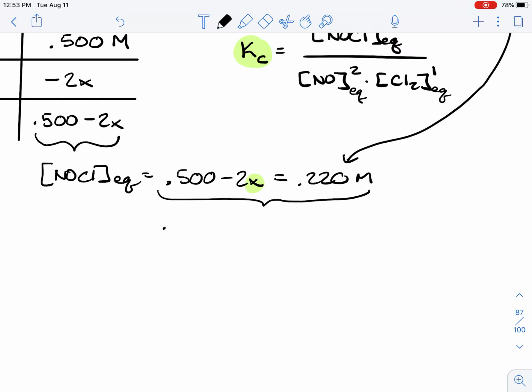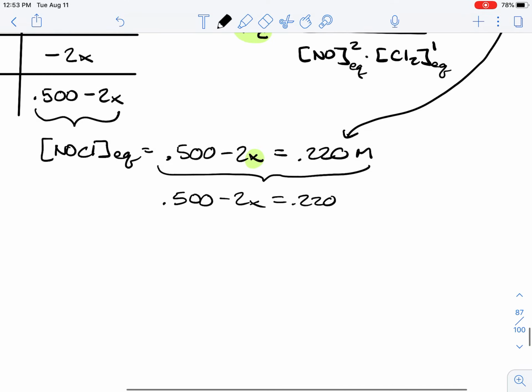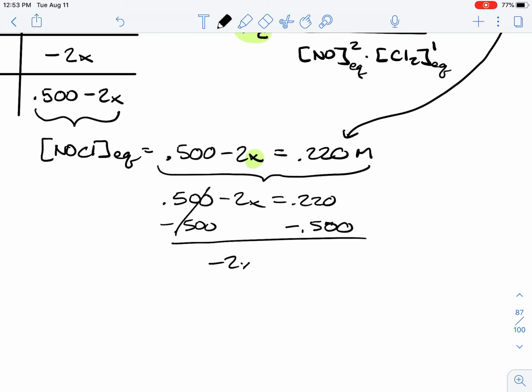And so here I'm going to rewrite this. So 0.500 minus 2x is equal to 0.220. So I'm going to first subtract this out. So this is going to be minus 0.500. Okay. So here I have negative 2x is equal to, so give me a second, let me plug that in. So 0.220 minus 0.5, that's going to be minus 0.280.